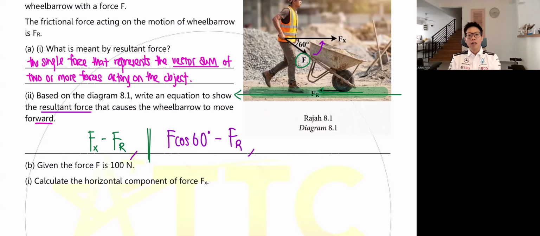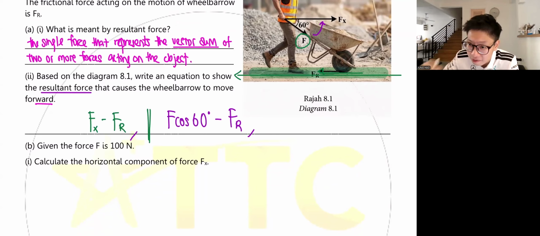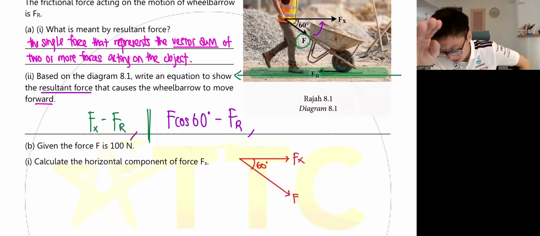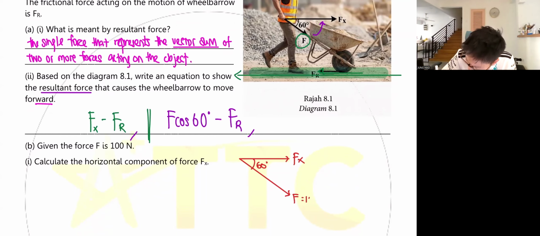Next. Given the force F is 100 Newton, find the horizontal component Fx. Check this out. This is your Fx, and this is your F. This is 60 degree. So now you want to know that this is going to be 100 Newton.